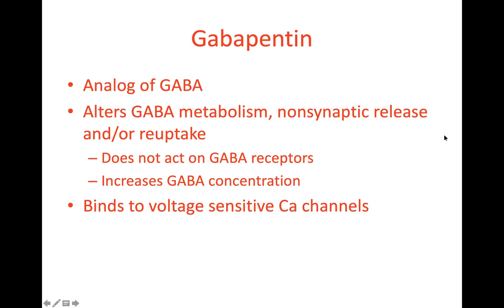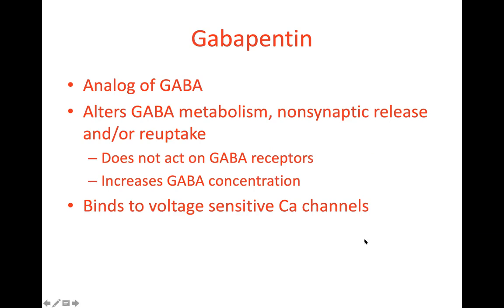We know that gabapentin doesn't bind or act on GABA receptors, but by altering metabolism or the release or uptake, it is going to increase the GABA concentration. So this one's an easy one to think about. Gabapentin, think of GABA, and it's going to increase GABA concentration. It also can bind to some calcium channels and interfere with calcium fluxes that come into the cell, and that can be a part of its action.